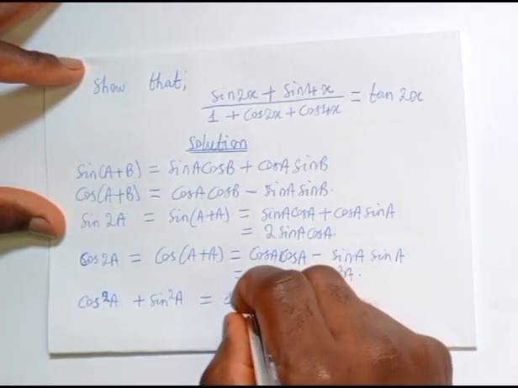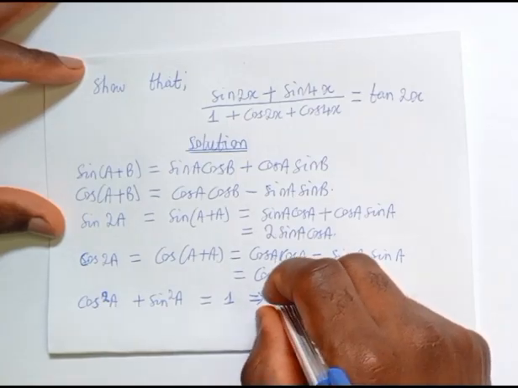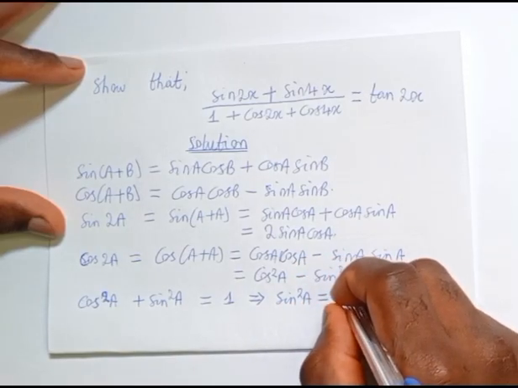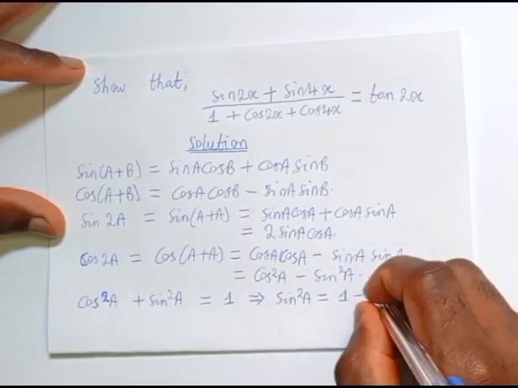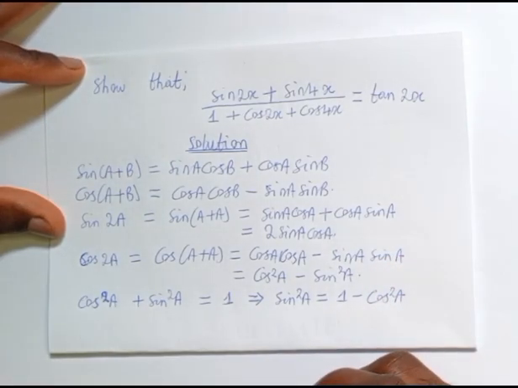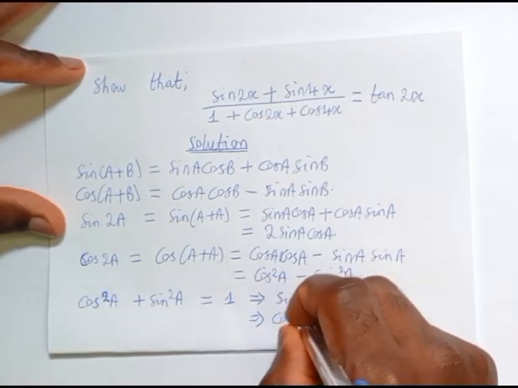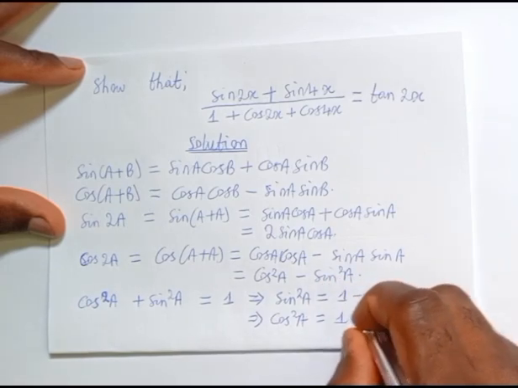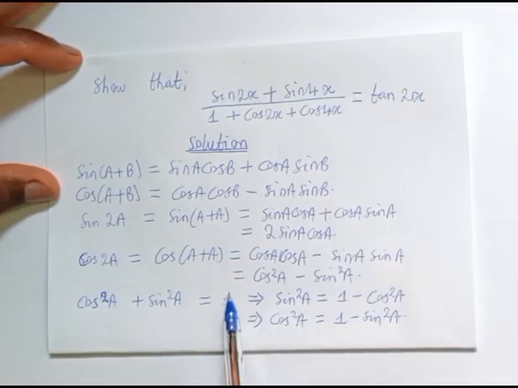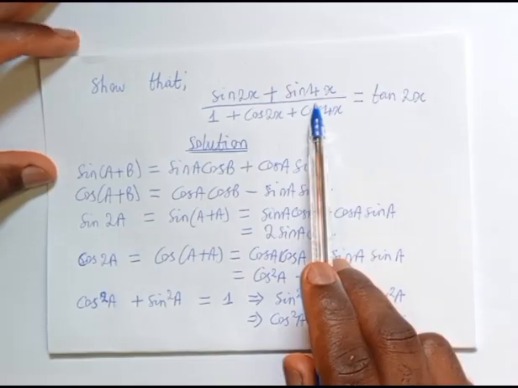This will imply that if we make the sine squared of the angle A the subject of formula, this will give us the sine squared of A to be equal to 1 minus the cos squared of the angle A. If we choose to make the cos squared of the angle A the subject of formula, then this will give us cos squared A to be equal to 1 minus sine squared A. We are going to make use of these identities to perform this proof.